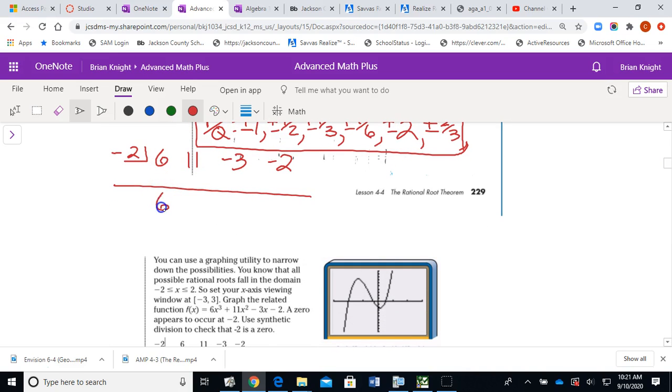So bring down my 6. That will be negative 12, negative 1, 2, negative 1, 2. I get 0 like I am supposed to. Okay? So I'm left with what? 6x squared minus x minus 1.